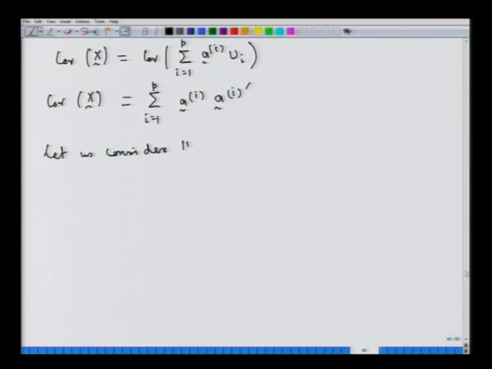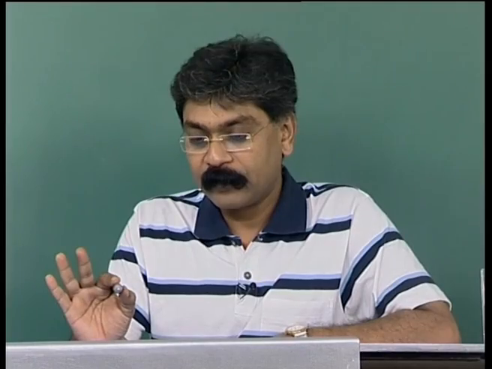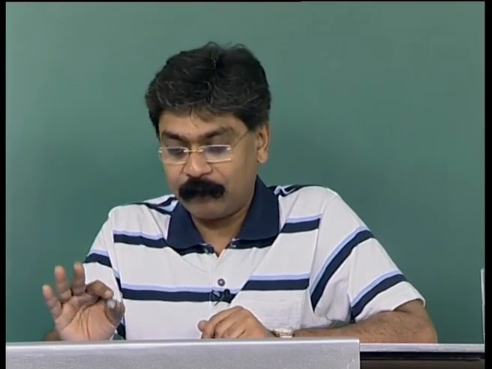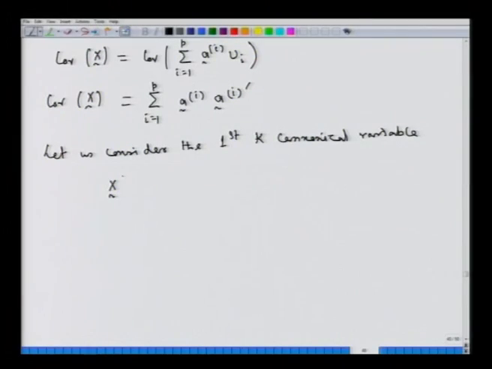let us consider the first k canonical variables only. So, we are going to neglect the terms from k plus 1 up to q and consider only the first k canonical variables. If we consider the first k canonical variables, then we are neglecting the rho squared terms from k plus 1 to the nth term, and then this x star vector is defined through that definition as i equal to 1 to k, up to the terms we are retaining.